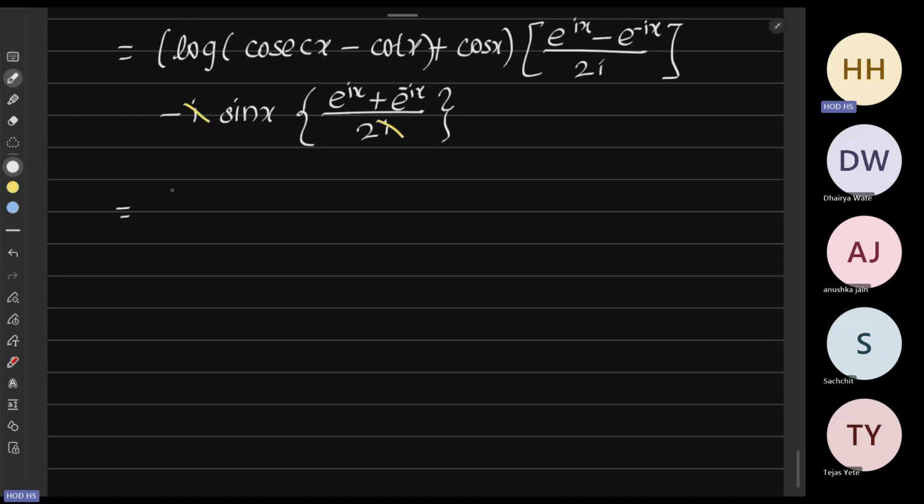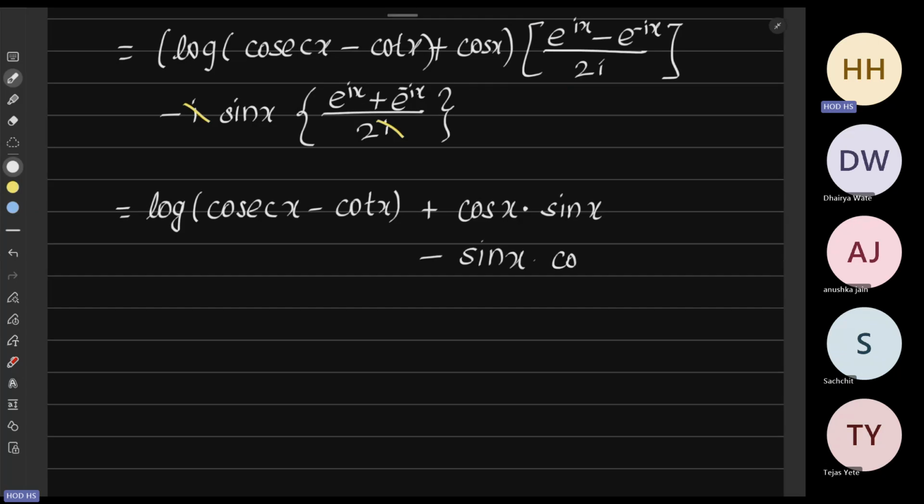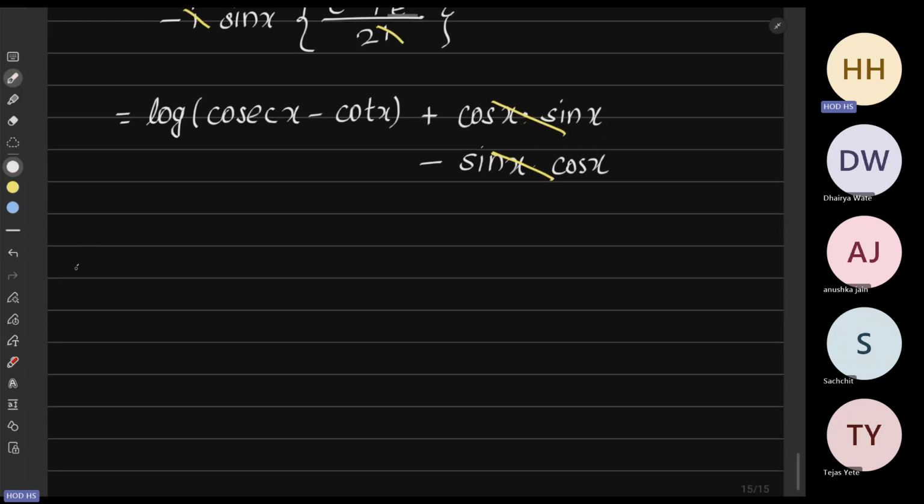So we can rewrite this expression as (log of cosec x minus cot x plus cos x) into sin x, and this one minus sin x into cos x, out of which these two get cancelled. Therefore my particular integral 2 is log of cosec x minus cot x. Okay, so this is my particular integral 2.